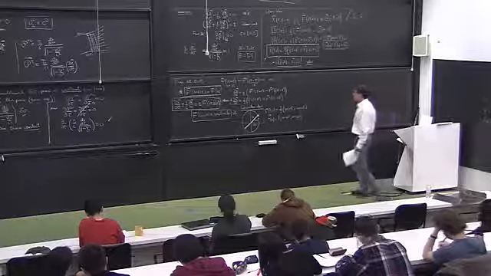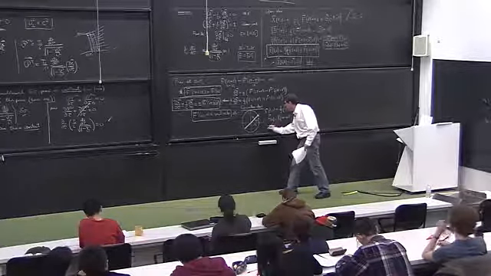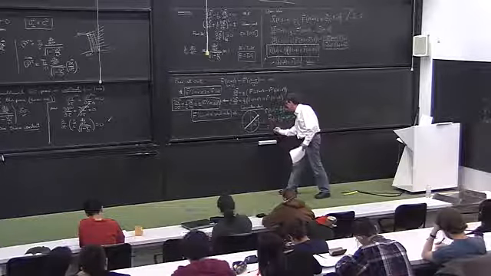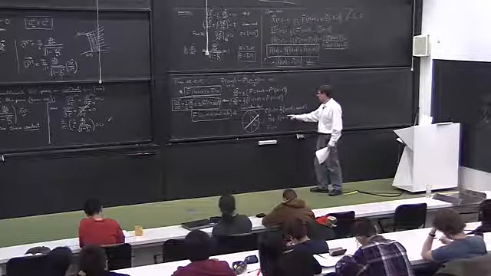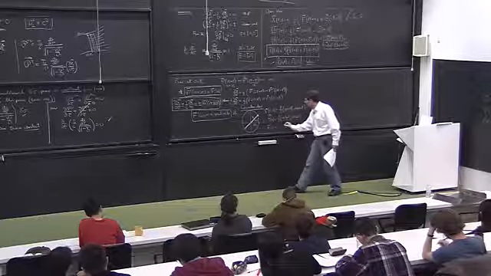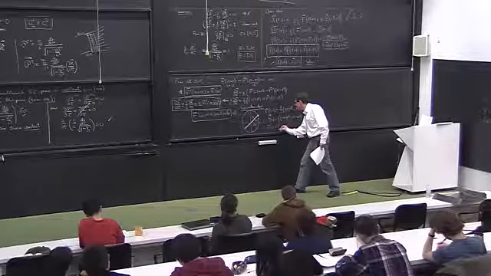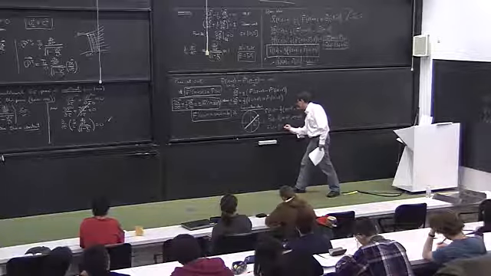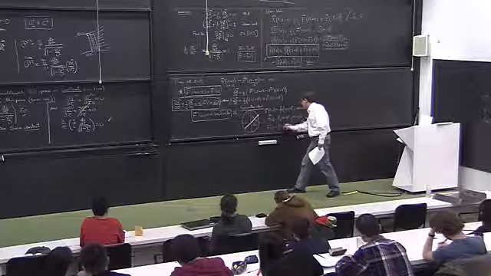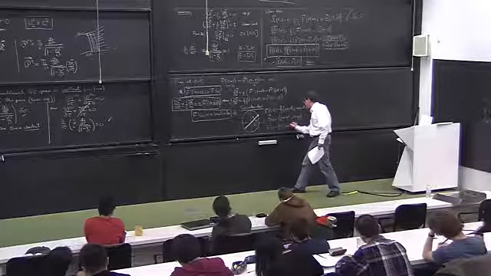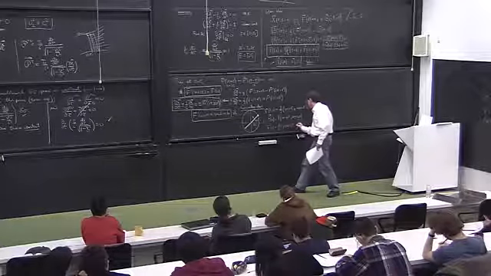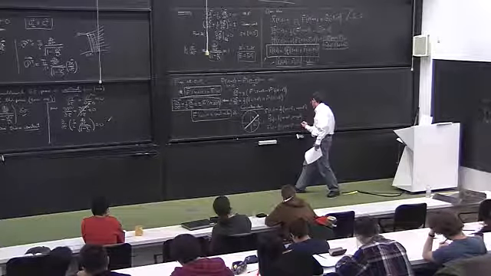And how about f prime? F prime, you get that with respect to u, you get omega over c in front. So you get L over 2 omega over c times minus sine of omega u over c, cosine of omega u over c.